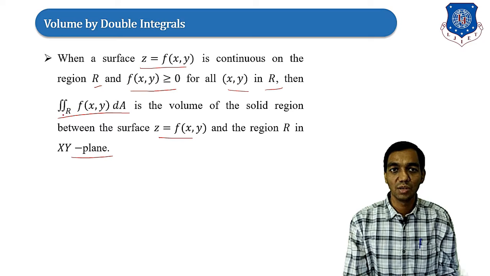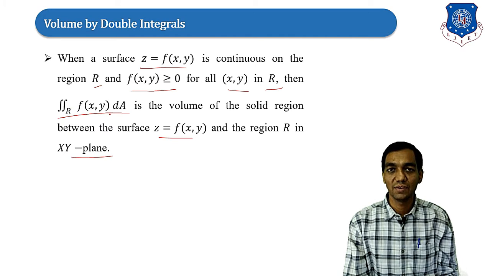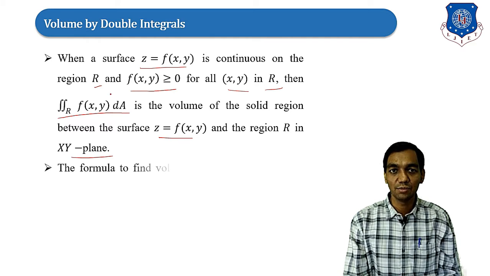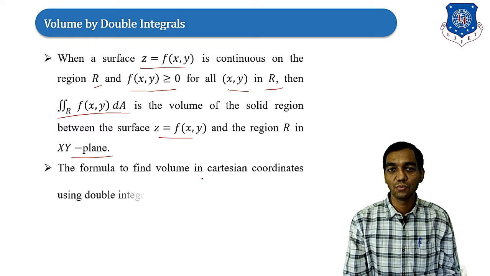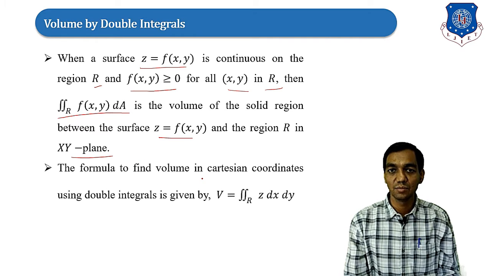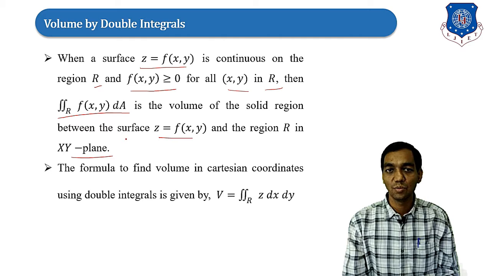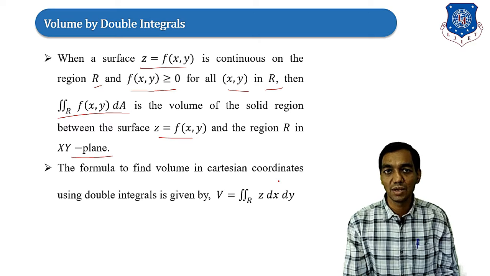Okay, so the double integration of f of x comma y dx dy or dy dx is your volume in 3 dimensions. Now the formula of volume in a Cartesian coordinate system is written in the form of double integration z dx dy. So instead of f of x comma y, you can write this as z.